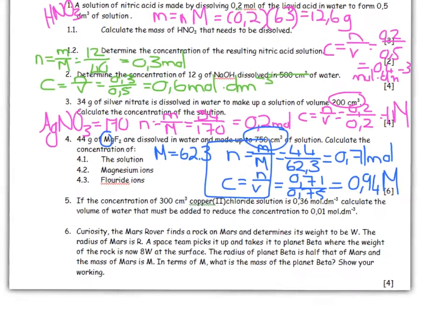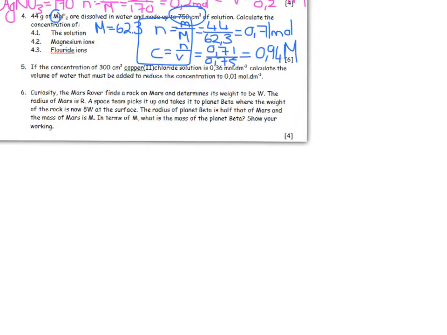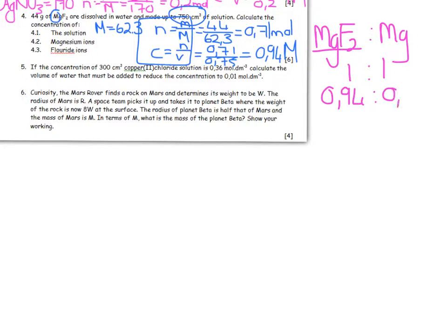The next thing I have to do is I need to work out the magnesium ions, and magnesium fluoride is to magnesium as 1 is to, there's only 1 in there, 1. So 0,94 to 0,94. The concentration of the magnesium ions is 0,94 moles per cubic decimeter. I can write that by putting a square bracket, Mg2 plus. The square bracket means concentration of the magnesium ion is Mg2 plus.